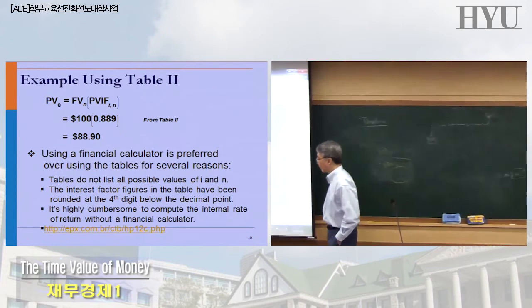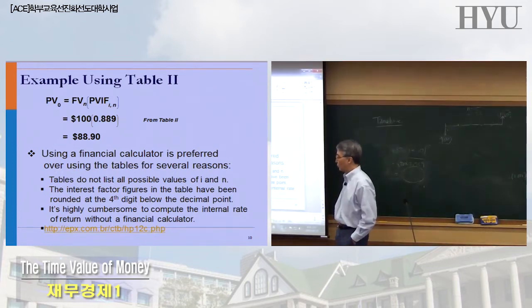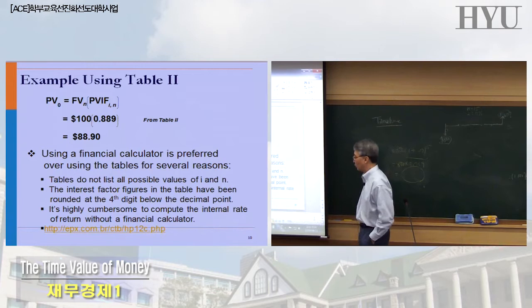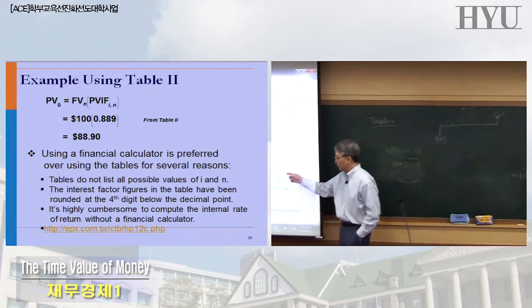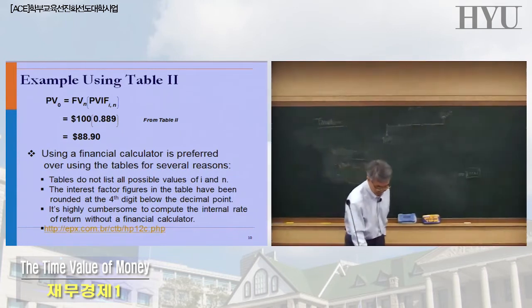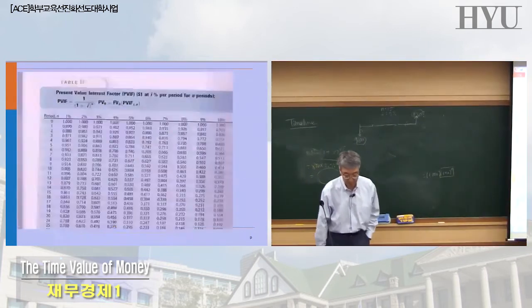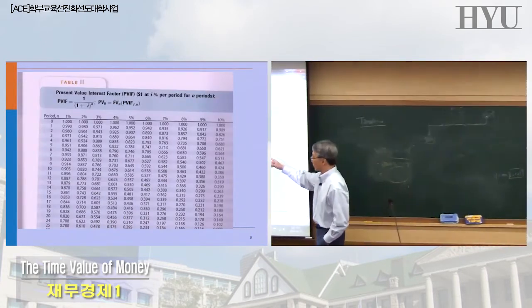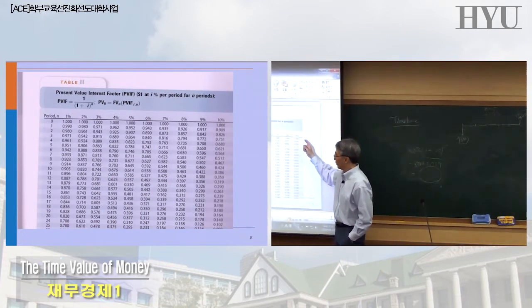I strongly recommend you use a financial calculator, because using the table has several shortcomings. Tables do not list all possible values of i and n. As you see here, it shows 1%, 2%, 3%, and so on.